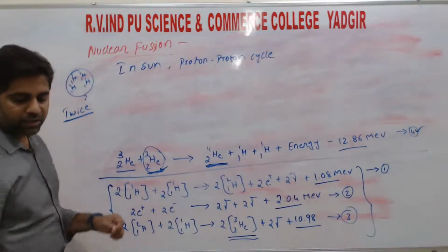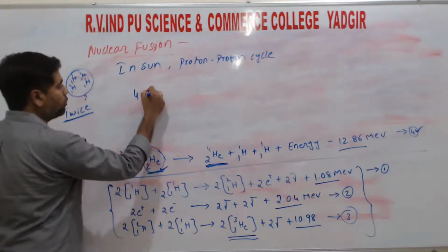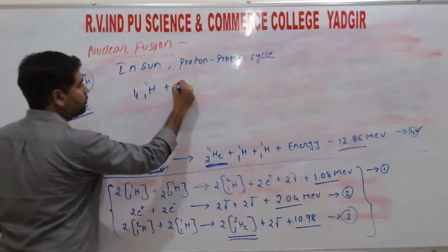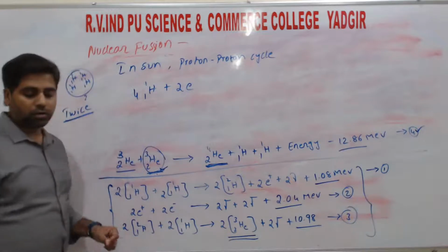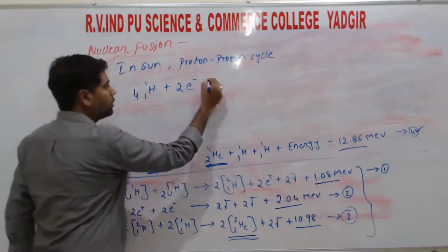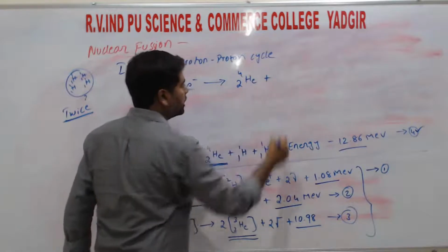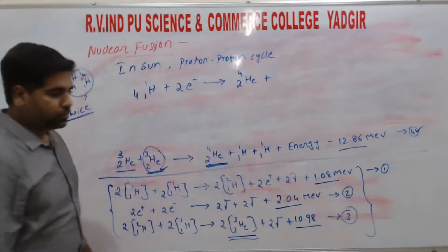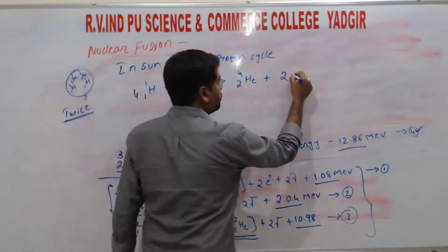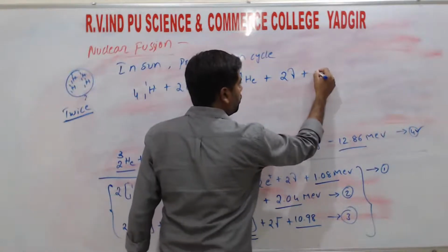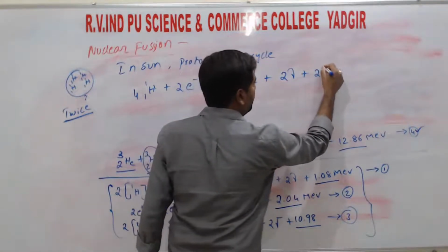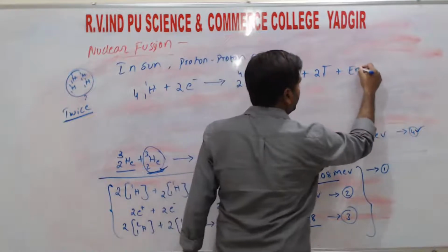So if we write in general, that is 4 1H1 plus 2 electron, we get 2He4 plus 2 neutrino plus 2 gamma radiation plus energy.